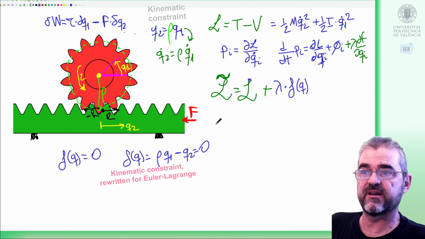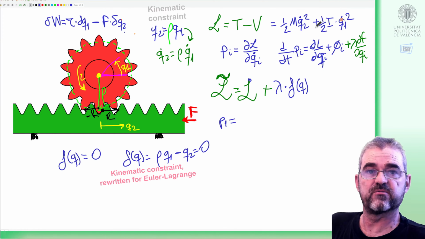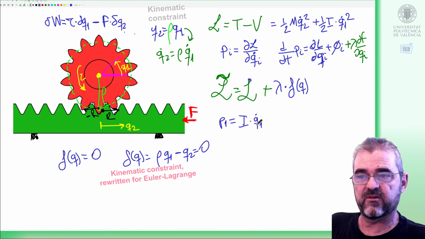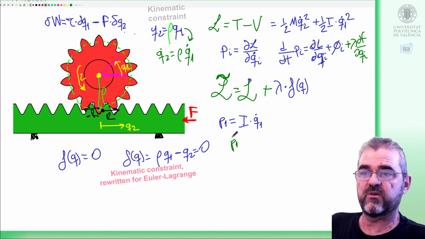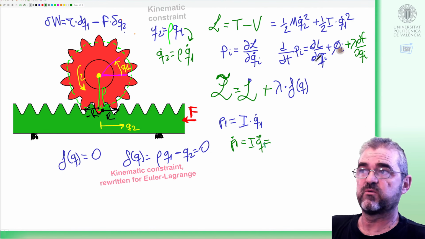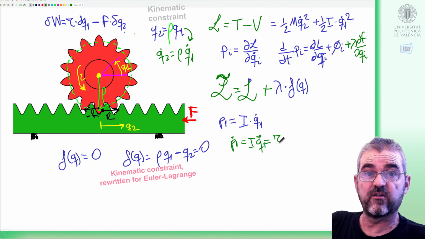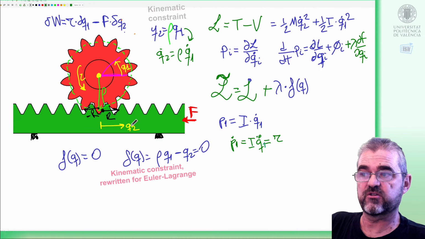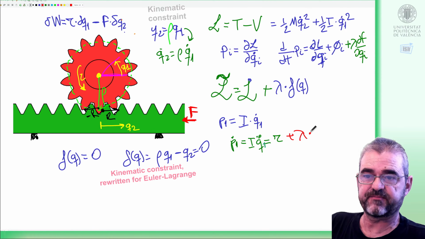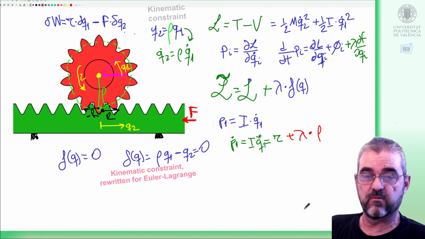Now I need to write p1, which is the partial of this with respect to q1 dot, which will be inertia times angular speed, and then p1 dot, which is inertia times acceleration, will be equal to the exogenous force term, which in this case will only involve tau, because F does work against Q2 but not against Q1, and then I must add the constraint-related term, plus lambda times the derivative of the constraint with respect to Q1, which is rho.